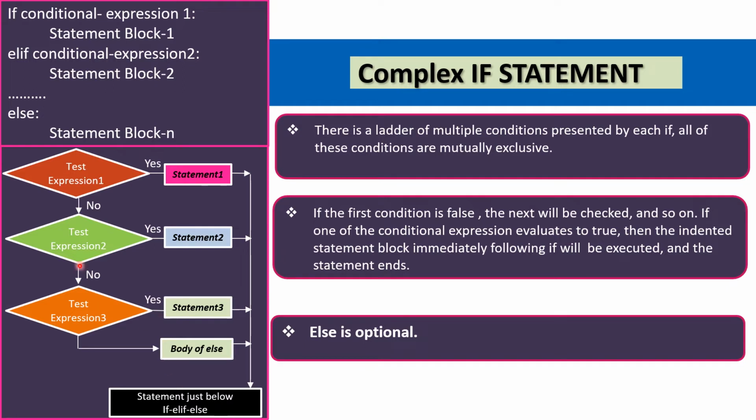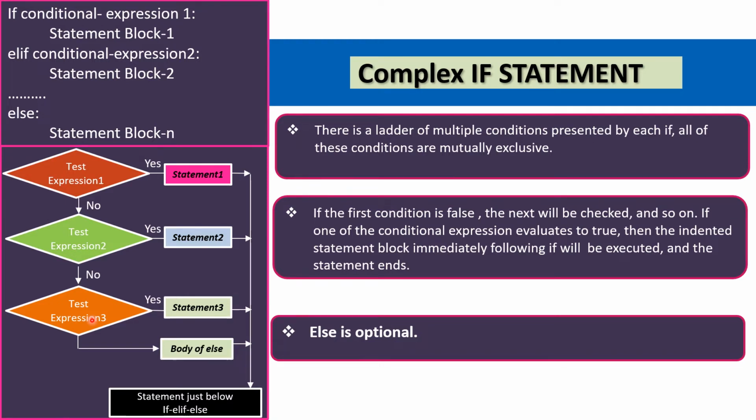And if it is false, then it will check the next expression, that is expression 2. If yes, it will execute statement 2. And if false or no, then it will test the next expression. This is how it will simply execute the statements one by one.